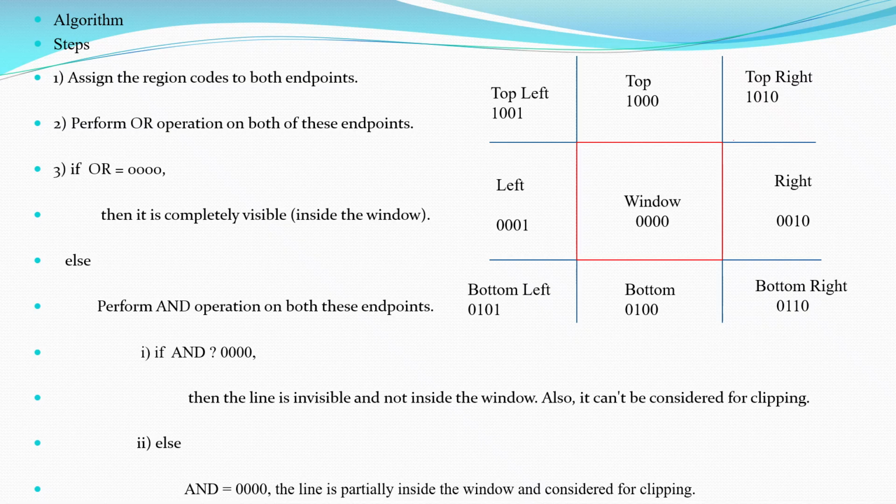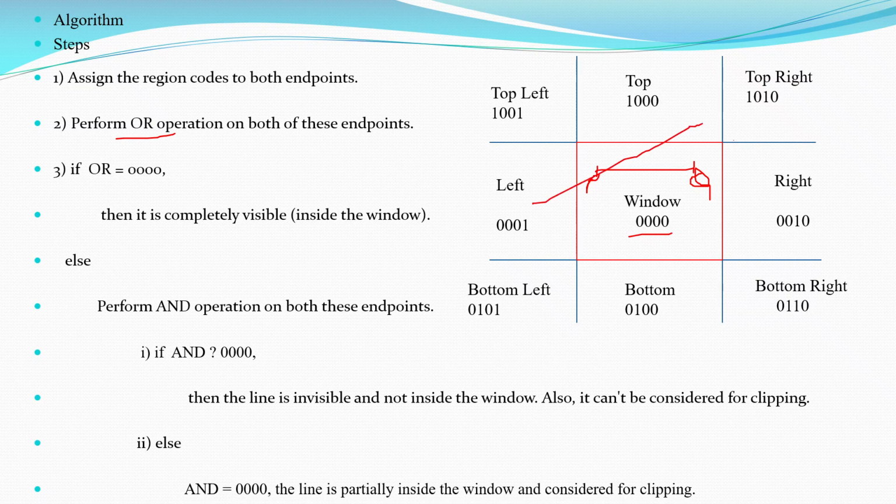We have the line with endpoints P and Q. Based on this, we assign the region codes of P and Q. If both endpoints get 0, performing the OR operation, we get the end result 0 for P and Q.